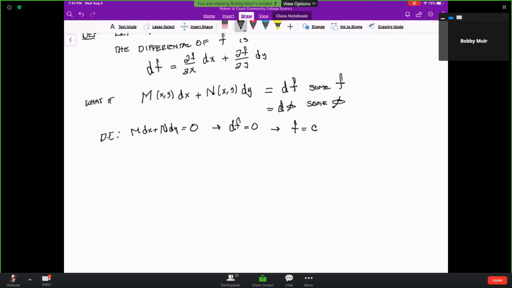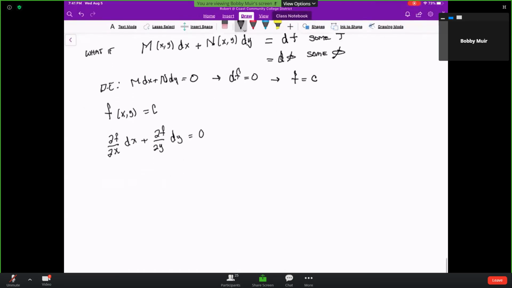Well, if we have this f of x y equaling c, then we know that partial f partial x dx plus partial f partial y dy is equal to 0, which means that M dx plus N dy is equal to 0.